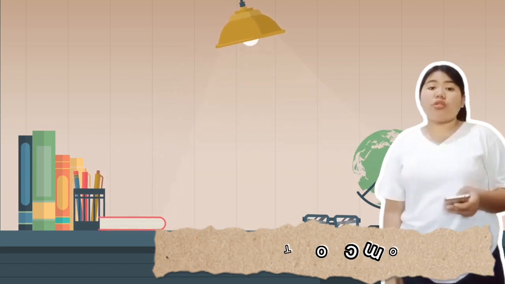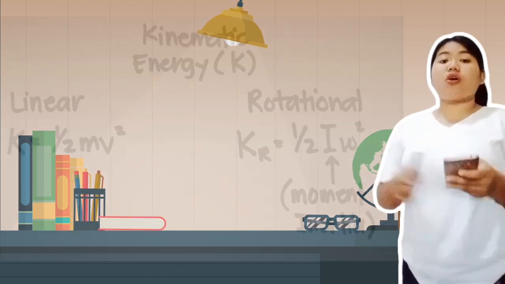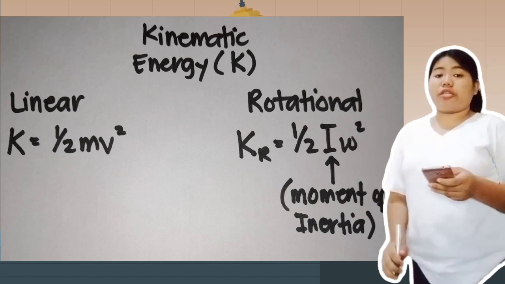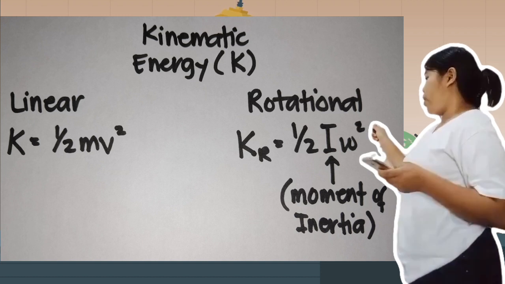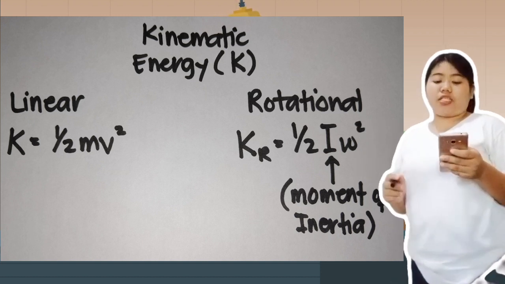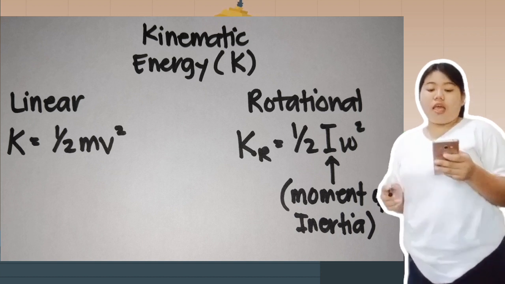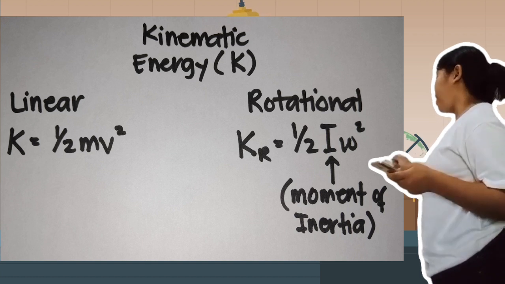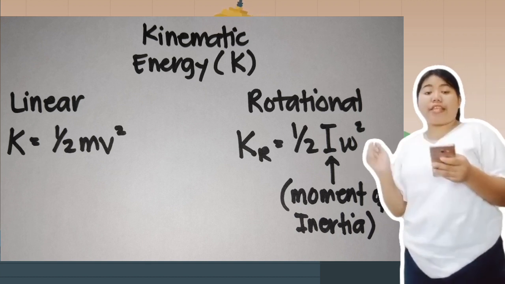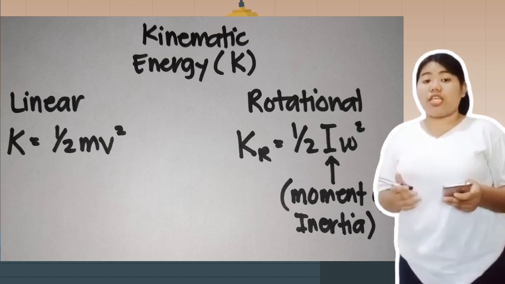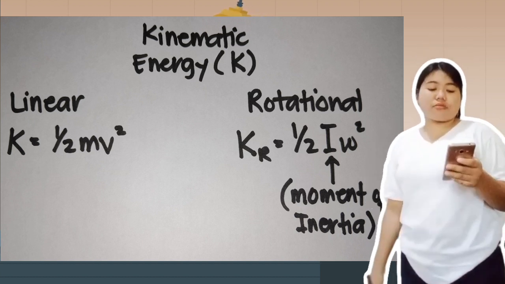We also know that when things are moving, they have kinetic energy. The kinetic energy that we write with the capital K is just 1/2 m v squared. And if things are rotating, they also have energy. We call that rotational kinetic energy, 1/2 I omega squared. Now we've introduced yet another term, I, which is the moment of inertia.